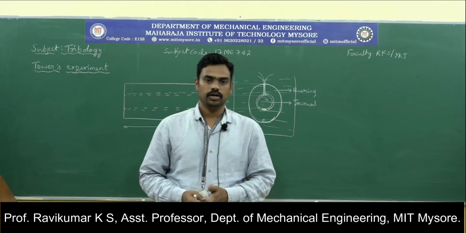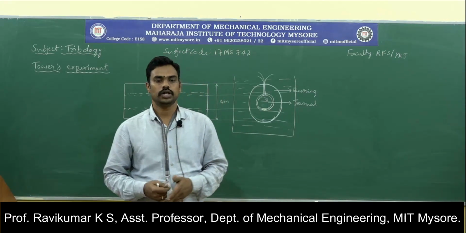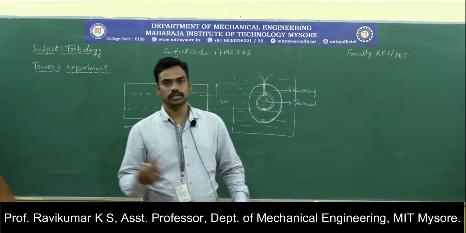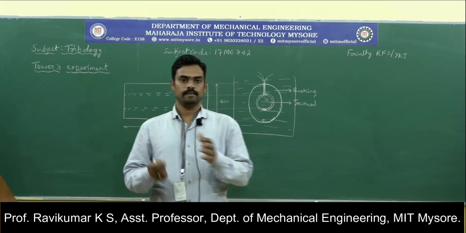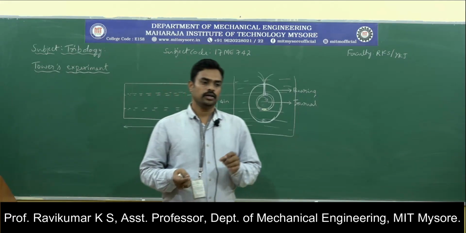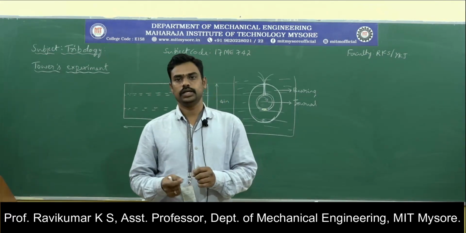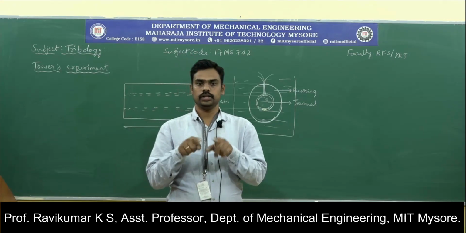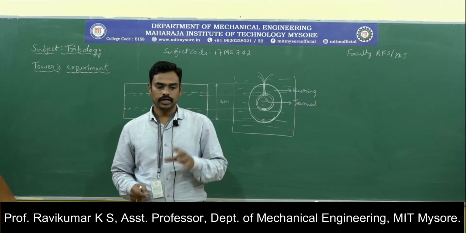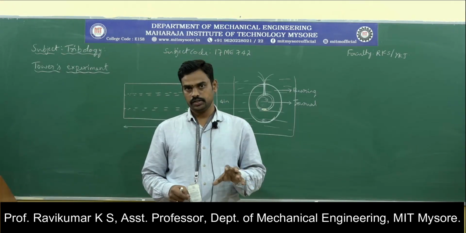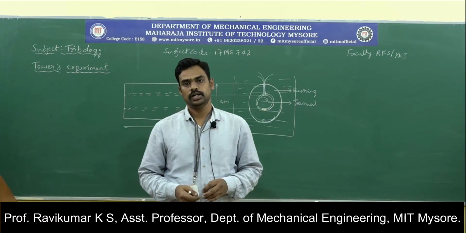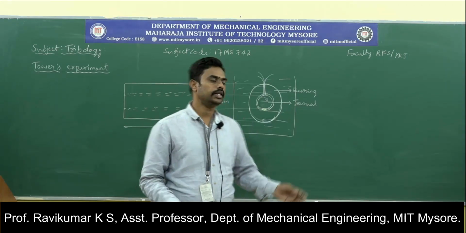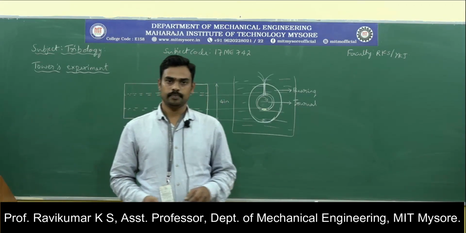Next, Reynolds, one more engineer, started working on Tower's experiment. He concluded, from Tower's experiment, the load carrying capacity and the pressure distribution in the oil film. He derived a certain equation which contains some partial differentiation to explain the result of Tower.